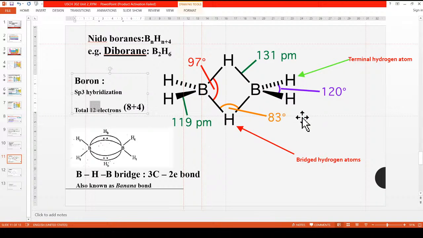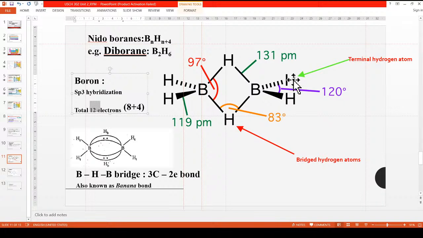So this is the structure of diborane, where you can see the length of the bridge bond. The length of the boron hydrogen bridge bond is more, 131 picometer, and the length of the boron hydrogen terminal bond is short. Also, the bond angle between hydrogen, boron and hydrogen is 97 degrees. It is not the usual sp3.